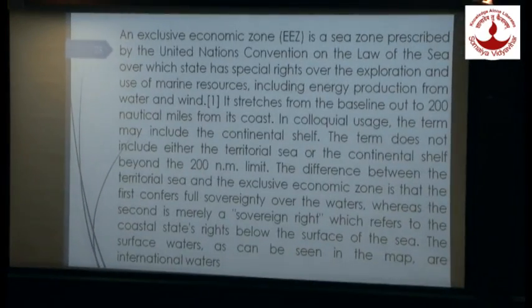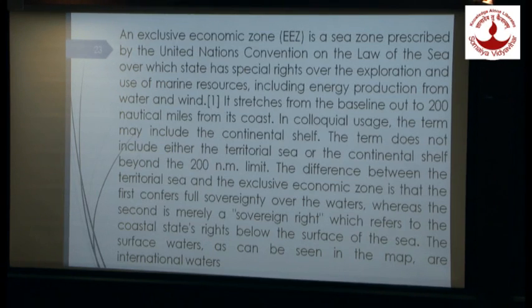Now, one important thing is we have the continental shelf area and then the continental slope area. Any continent will have these areas, that is the continental shelf and continental slope.